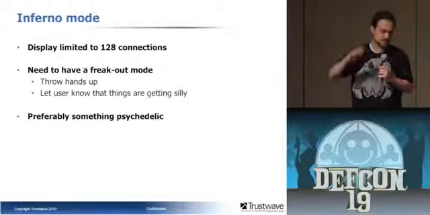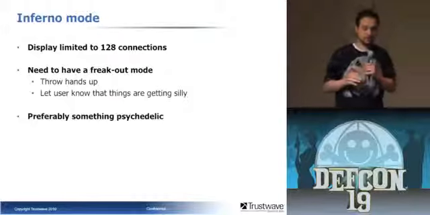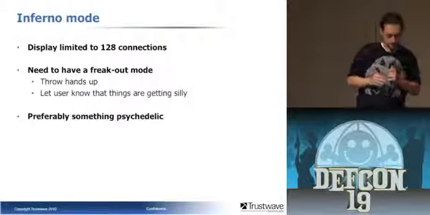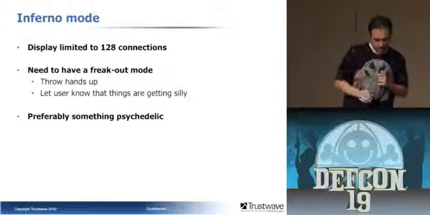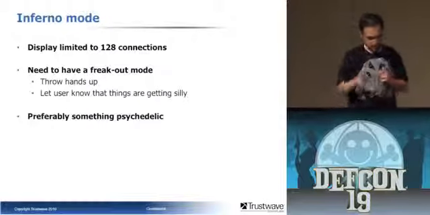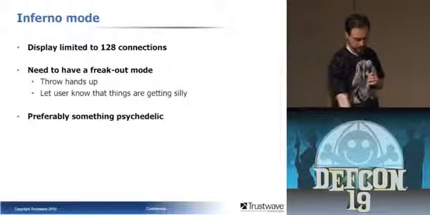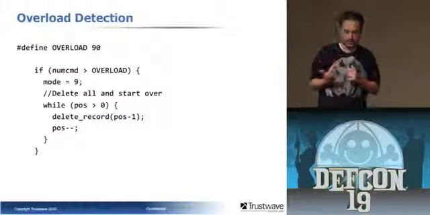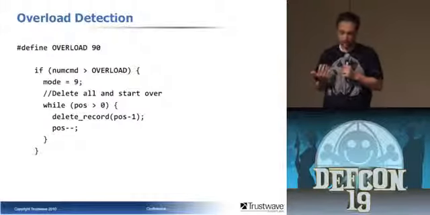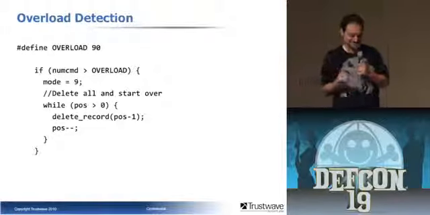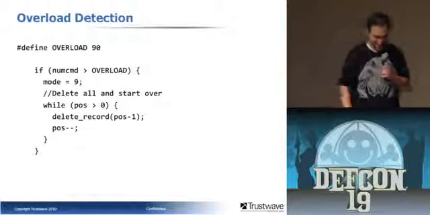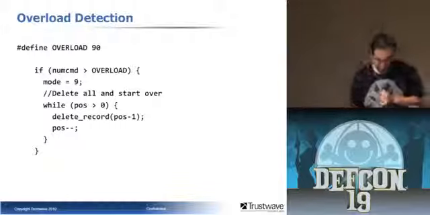I really want that concept, that whole thing about, oh man, something's screwed up. So I made something called Inferno mode. Inferno mode is this meter that basically keeps track of how many connections are coming in, and I was thinking preferably something kind of psychedelic, so at least if you're getting totally owned, you could be like, whoa, cool, look, my blinky lights are all messed up.